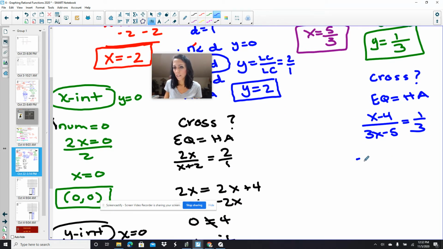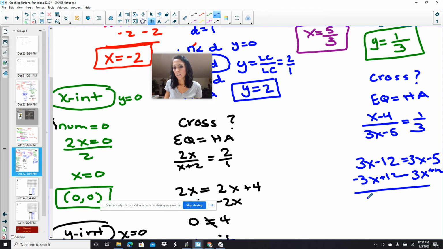Cross multiply, we get 3x minus 12 equals 3x minus 5. Uh-oh. You see that? 0 equals 7? Nope. So no, it doesn't cross.